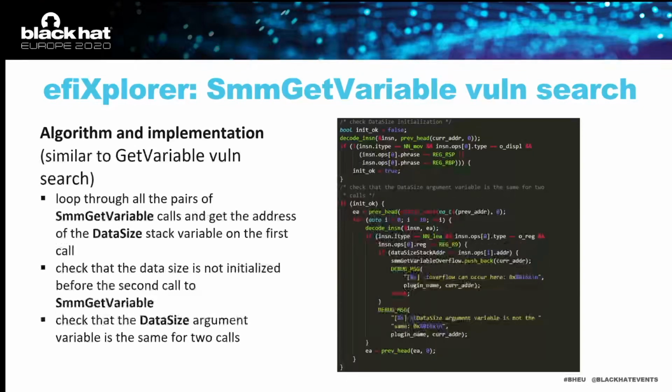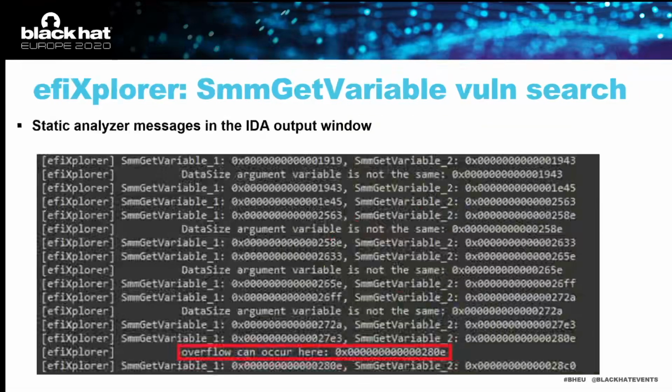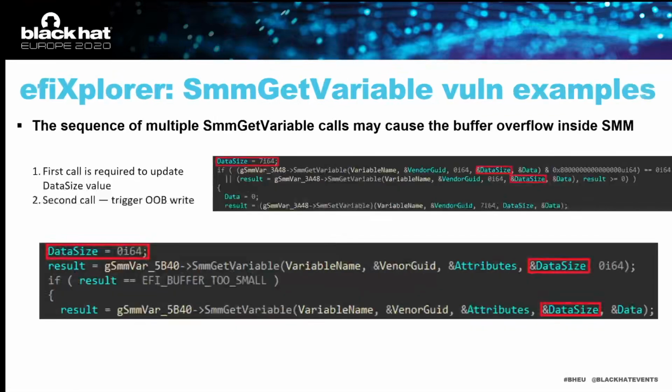We just see that there is a sequence of two get variable calls using the same data size reference and the same data size argument, which is not initialized, and see what it yields us. Again, this is the output of our static analyzer. This is an example of what could go wrong.